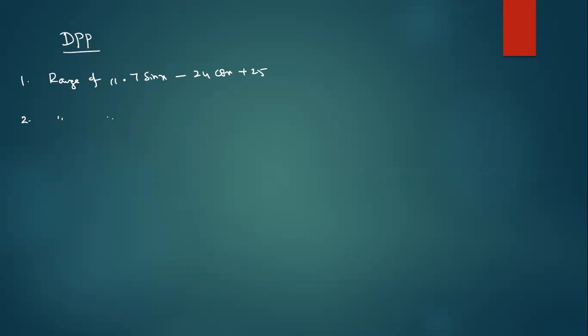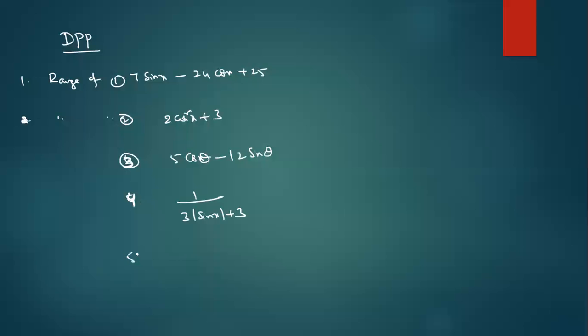For each and every question, the range. 2. 2 cos square x plus 3. 4. 5 cos theta minus 12 sin theta. 3, 4. 1 by 3 mod sin x plus 3. 5. 1 by 3 sin x plus 4 cos x plus 3. 6.